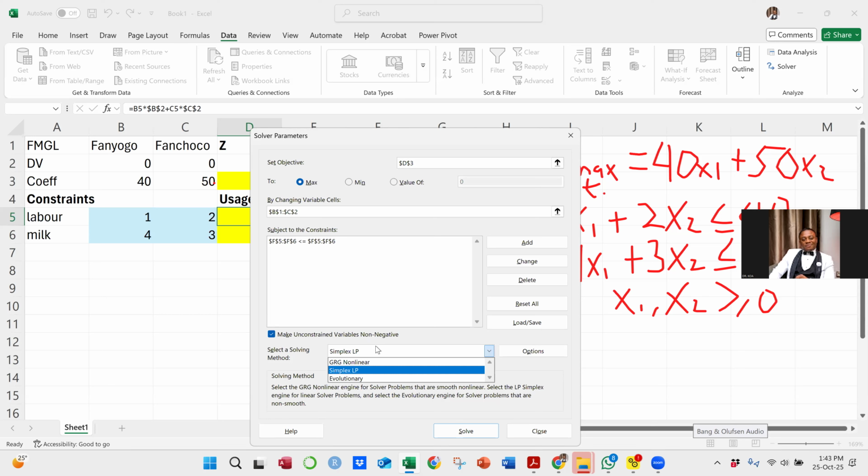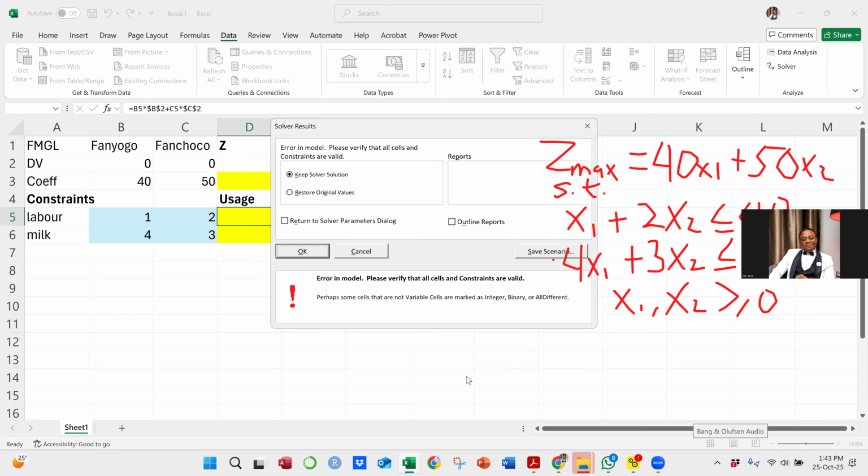It is the simplex algorithm. So select the simplex LP. And that's it. Once you've done that, click solve.